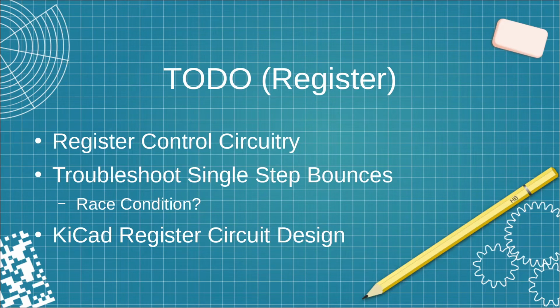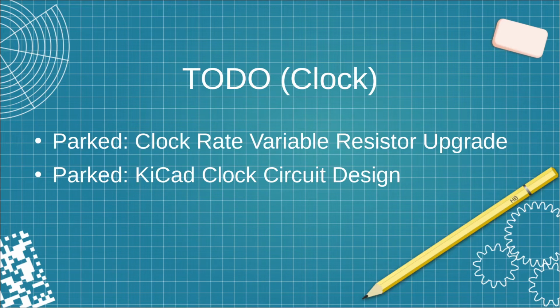Finally is the KiCad register circuit design, getting ready for a printed PCB once we get this working the way we want it to. Finally, we do still have our clock related things to take care of, and at some point we'll circle back to these as well.